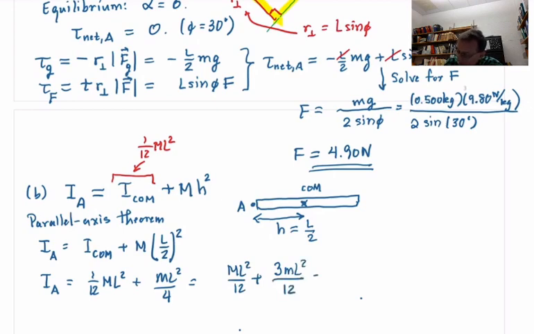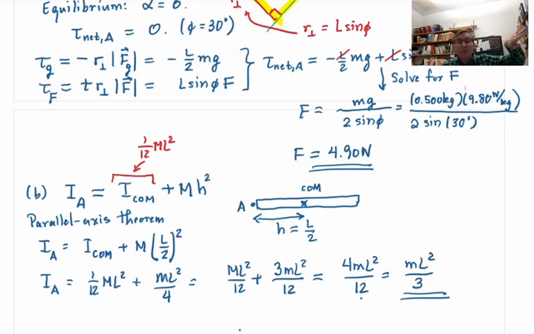Now I have a common denominator, so I can add the numerators. M L squared plus 3 M L squared is 4 M L squared, divided by the common denominator, 12, and that simplifies to M L squared over 3. That is the answer for part B. That is the rotational inertia of that uniform stick about an axis through, actually it'll apply to either end.